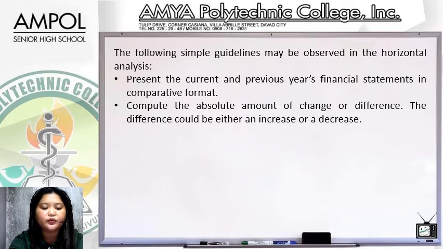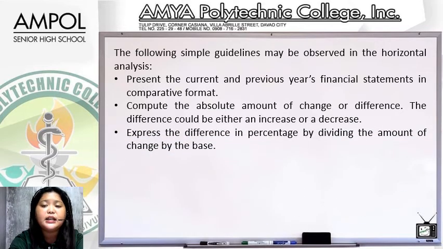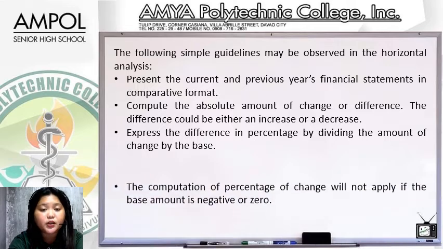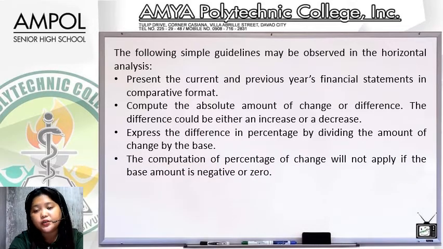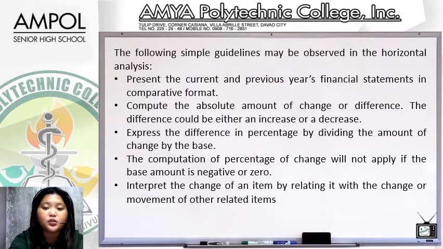The third is to express the difference in percentage by dividing the amount of change by the base. The fourth, the computation of percentage of change will not apply if the base amount is negative or zero. And the last is to interpret the change of an item by relating it with the change or movement of other related items.